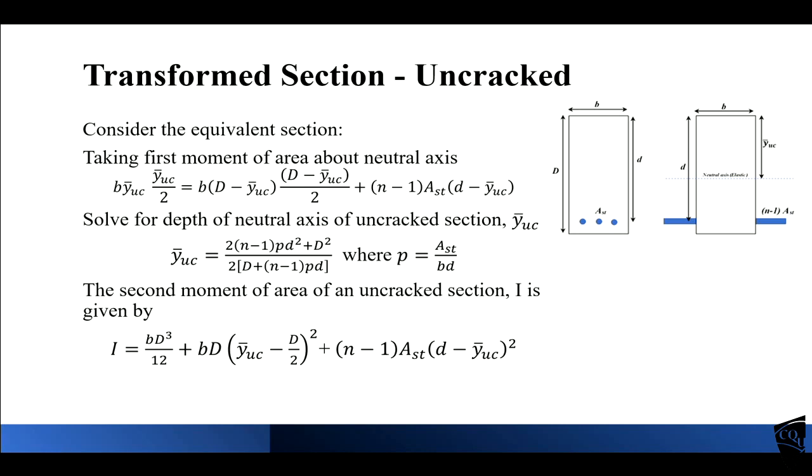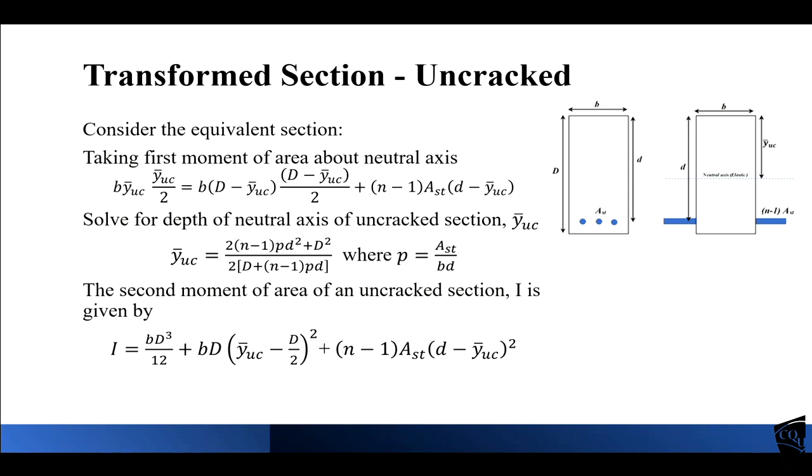It is a little bit difficult to analyze because there are two different materials, steel and concrete. So what we do is replace the steel with concrete. Which one is stronger, steel or concrete? Steel is stronger.